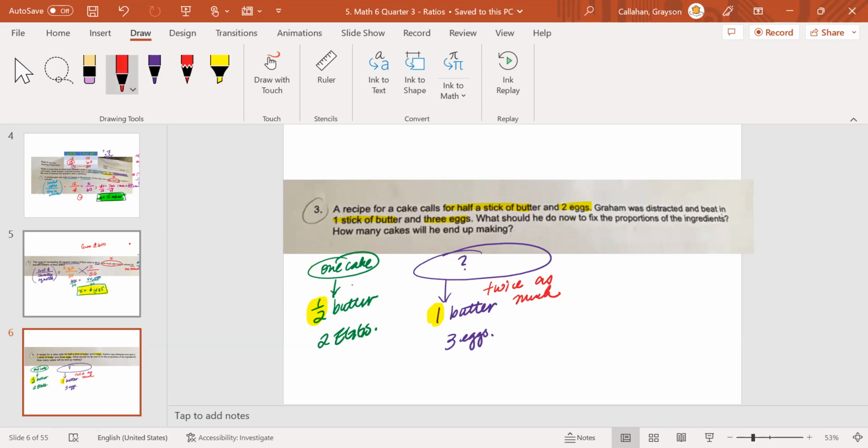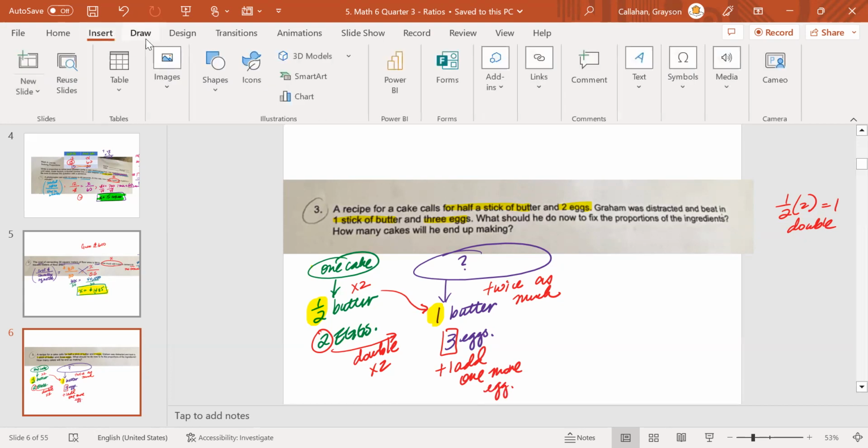So if 1/2 times 2 gives me 1, do you agree that 1/2 times 2 is 1? It's double of 1/2. Okay, then we need to double the eggs. So if I double the egg by times it by 2, what is 2 times 2? So we need to add 1 more what? 1 more egg.